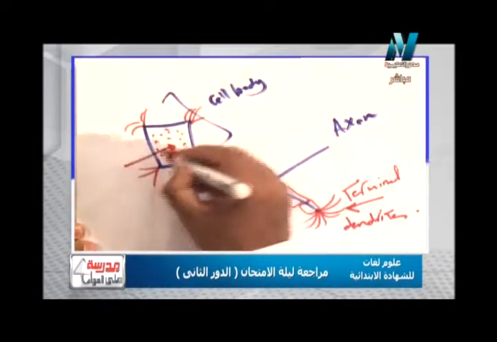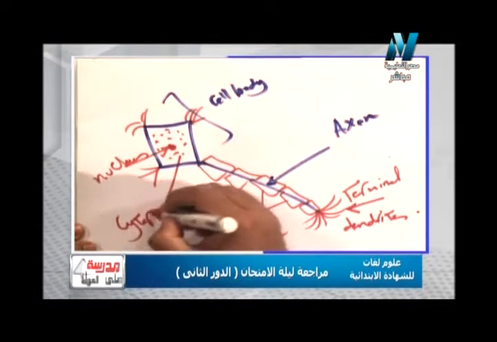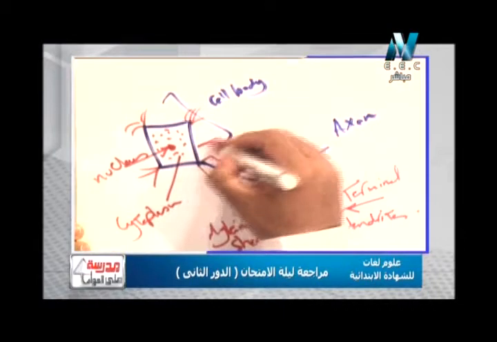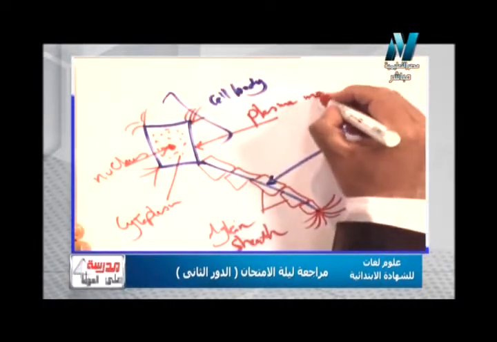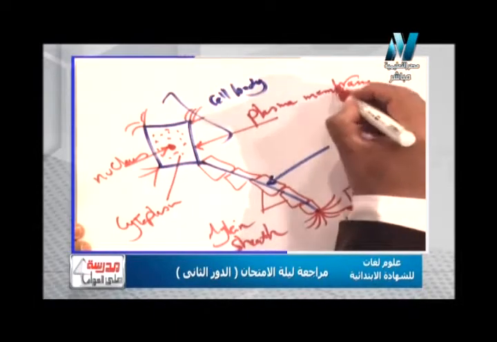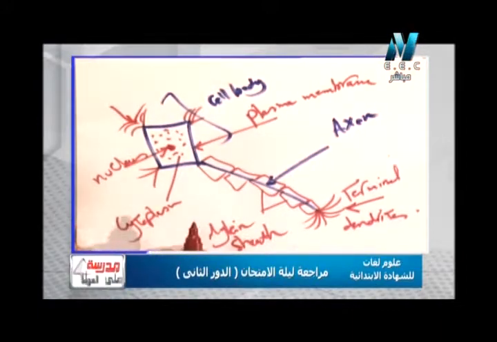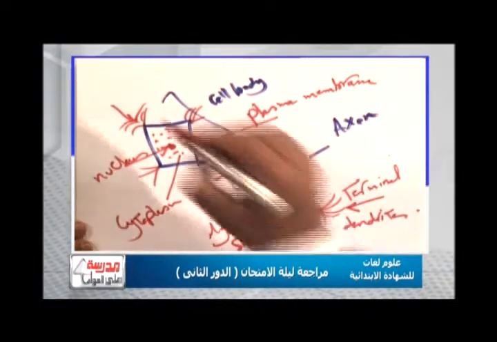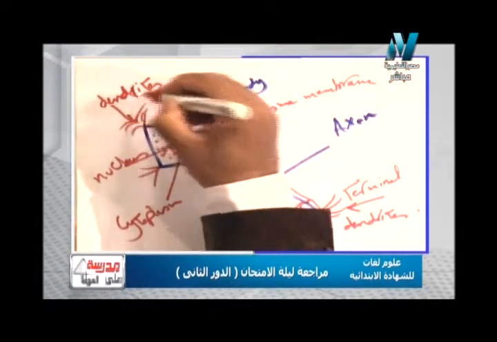So here I can write nucleus in the cell body, cytoplasm, and also plasma membrane or the cell membrane, and at last dendrites. Okay, so by this we have drawn the nerve cell, which is very important and maybe in your exam tomorrow inshallah.